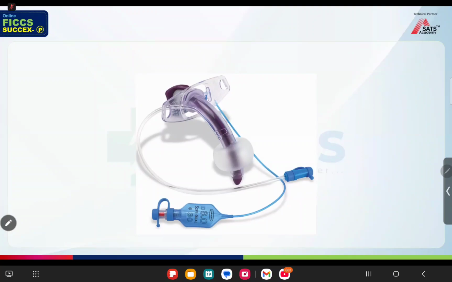Ma'am, neurological patients in whom I am expecting prolonged ventilation, weaning failure patients, difficult weaning patients, trauma patients requiring prolonged ventilation, and patients with high secretions requiring tracheal suction and toileting.